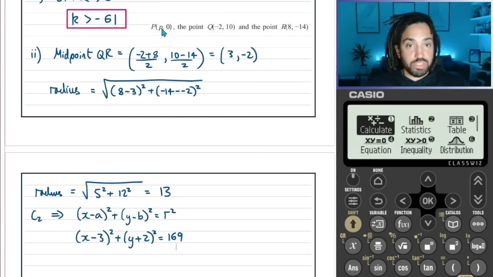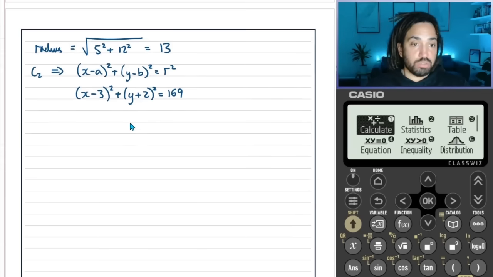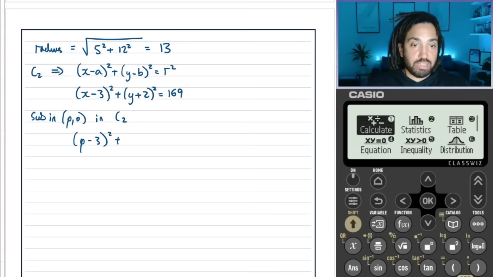We can substitute in the point P0 because that is on the circle, so it should satisfy the equation of the circle. So we're going to sub in P0 into C2, and that's going to give us P minus 3 squared plus y0, so it's just plus 2 squared is equal to 169.